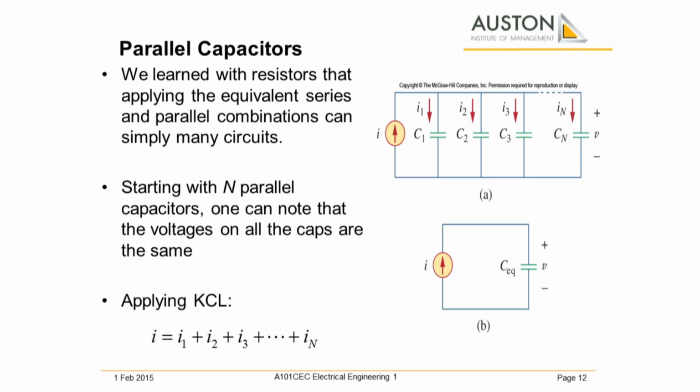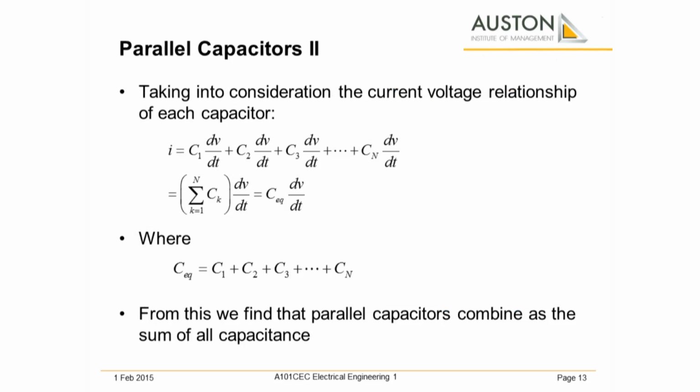That is why when you connect several capacitors in parallel, the total capacitance increases. Therefore, to find the total capacitance of several capacitors in parallel, you simply add the individual capacitances.